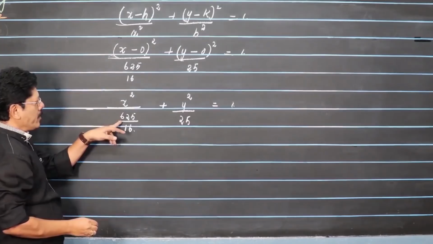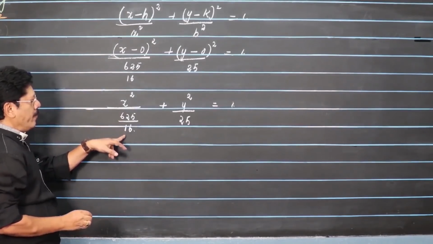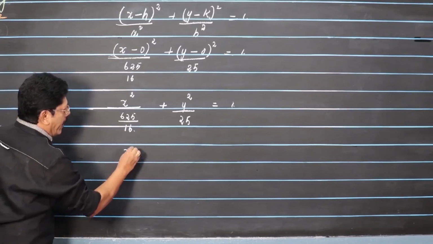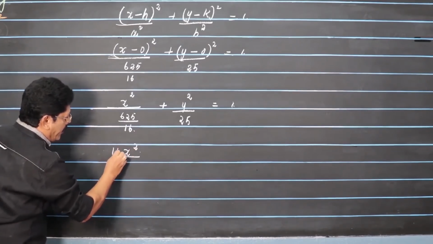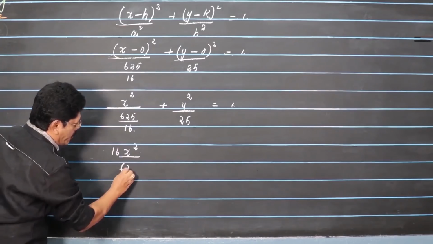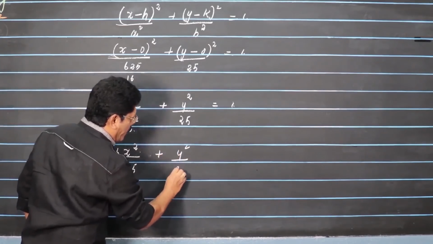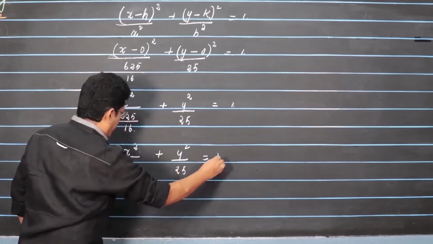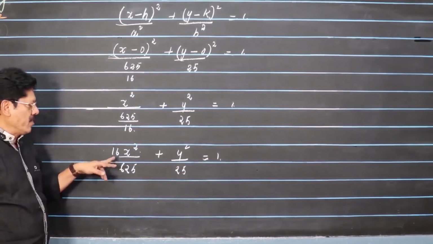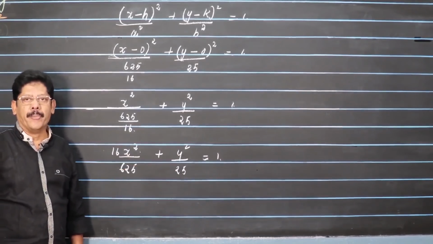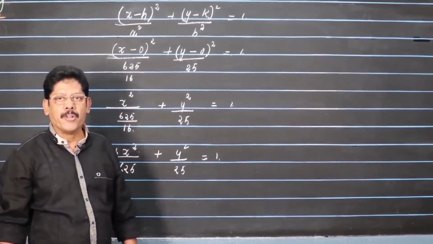Now x squared by 625 by 16 will get multiplied as a reciprocal: 16x squared by 625 plus y squared by 25 equal to 1. Therefore, 16x squared by 625 plus y squared by 25 equal to 1 will be the required equation of the ellipse.